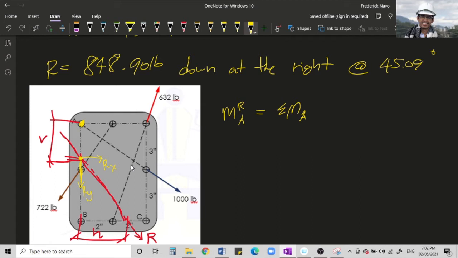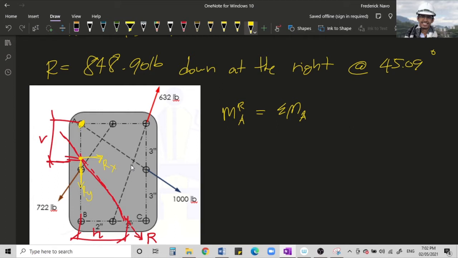And kung titingnan ninyo, kapag magmo-moment tayo sa point A, yung Rx lang ang magmo-moment. Nakita nyo yon? So, itong Ry, along yung line of action niya is magi-intersect sa point A, di ba? So, hindi natin siya mai-moment doon sa point A. So, ang magmo-moment lang, class, is yung Rx. Tama? And kung mapapansin nyo, lahat ng x component, yun lang ang magmo-moment dito sa point A.